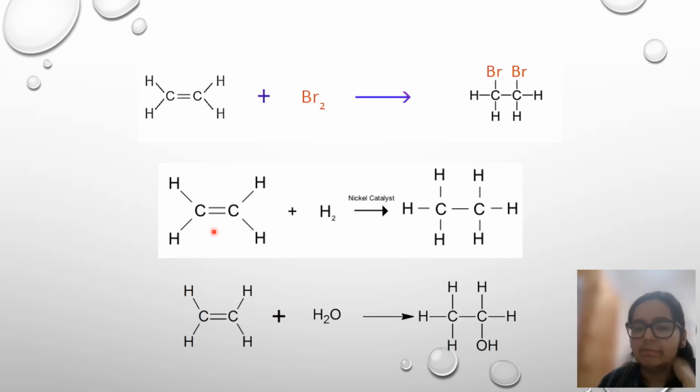The alkene turns into an alkane and there is no double bond then. And with steam, it forms an alcohol. In the hydration reaction, it is forming an alcohol, and the water molecule is added to the alkene in the same way as the previous two reactions.